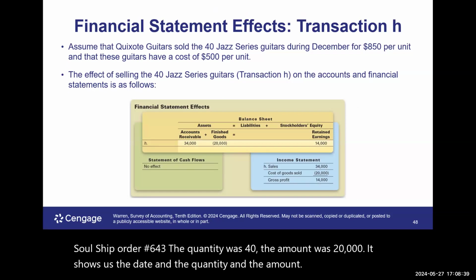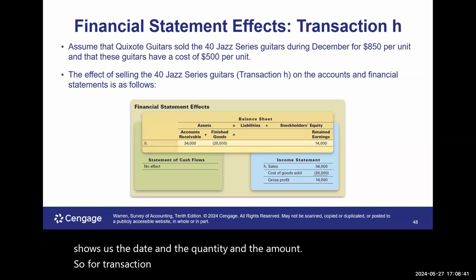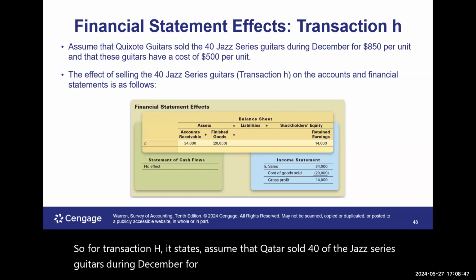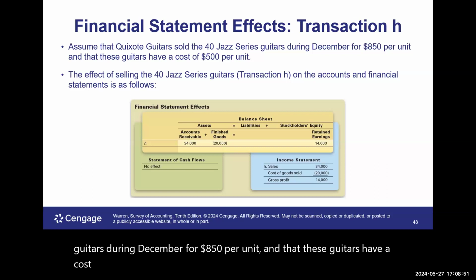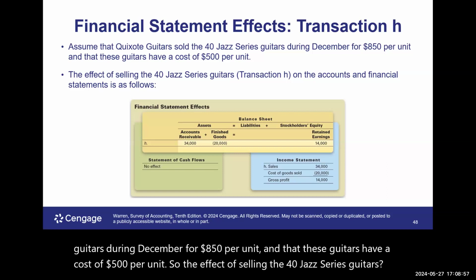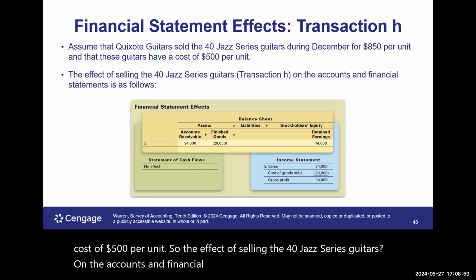So for transaction H, it states, assume that Q Guitar sold 40 of the Jazz Series guitars during December for $850 per unit, and that these guitars have a cost of $500 per unit. So the effect of selling the 40 Jazz Series guitars on the accounts and financial statements is as follows.